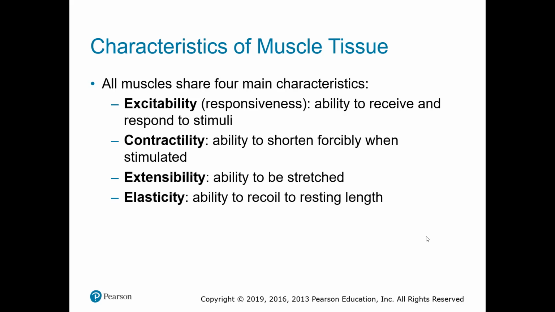We stretch them. We push them to their limits and we stretch them, and they get stronger. And then they return after they're stretched. They will rebound to their original position. So muscle cells are excitable, contractible, extendable, and elastic.